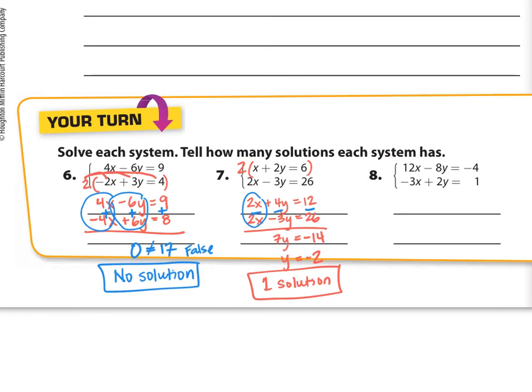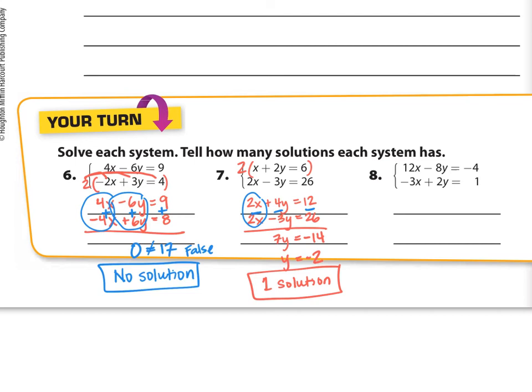So that tells me I get one solution. I don't even have to know what x is. I know that I'm going to get one solution because I have a y. So you're totally fine with just stopping where I stopped. And you don't need to go any further. In fact, you can probably even stop right here. So I don't mind if you just do a little bit less work than me in order to realize that.